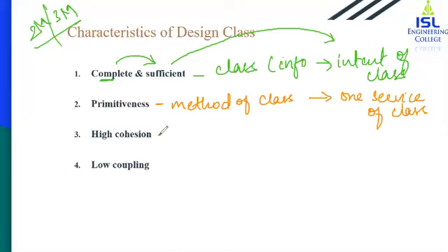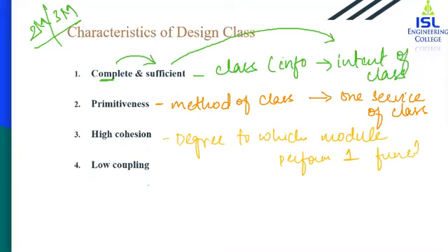Then the next one is high cohesion and low coupling, which we have already studied in the previous slide. Now what happens within cohesion? Cohesion means it is the degree to which a specific module is going to perform only one function. That is high cohesion.